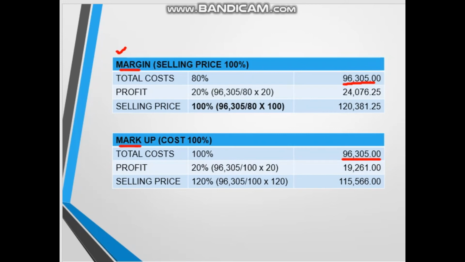What you have to put in your mind: for margin, the selling price will be 100%. For markup, the total cost is 100%. You just remember these two keywords: margin, selling price 100%; markup, cost 100%.